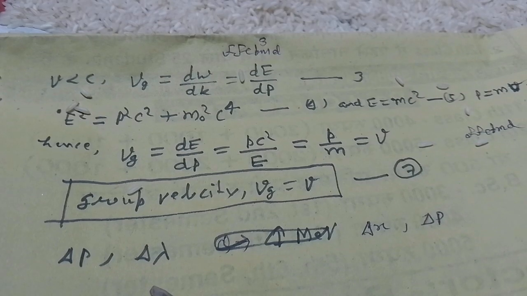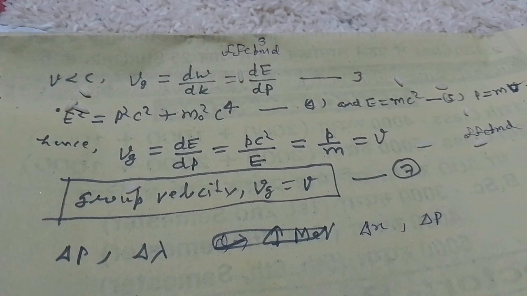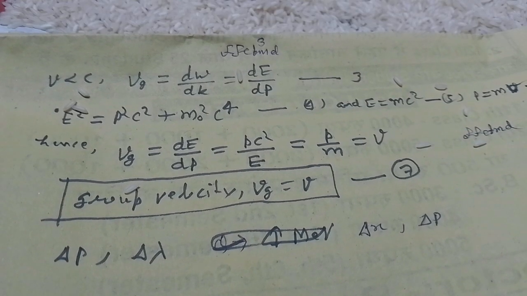We have studied so far in this section that a moving particle must be regarded as a wave packet which satisfies the de Broglie relation. We construct a localized wave packet by superimposing waves, which leads us to uncertainty in its momentum and wavelength.